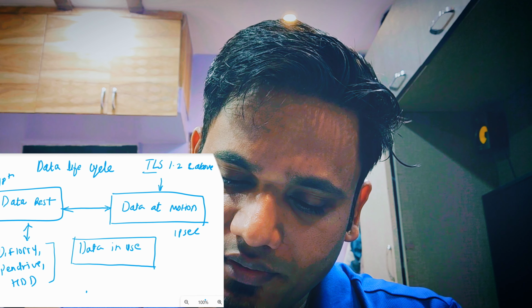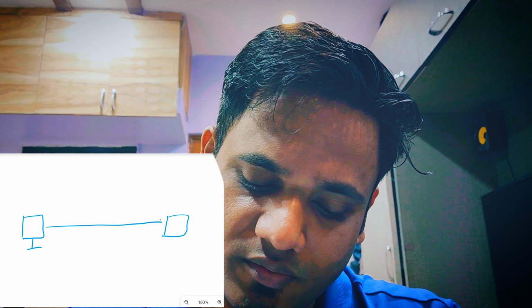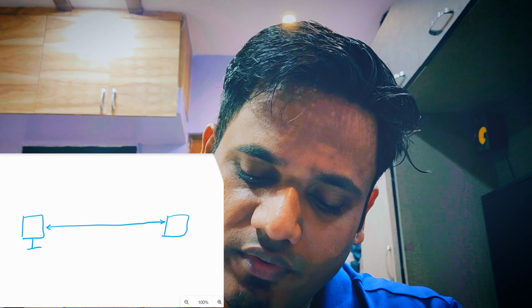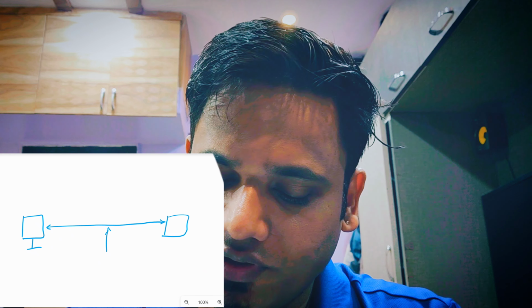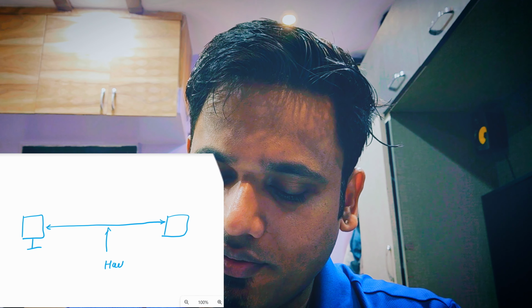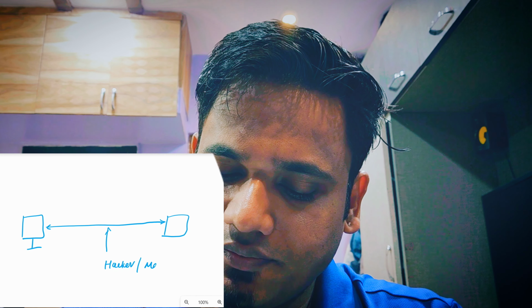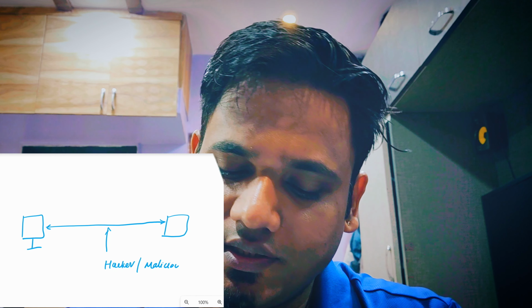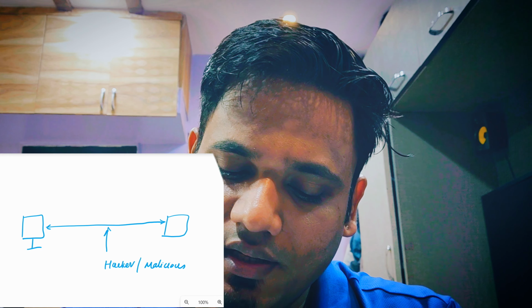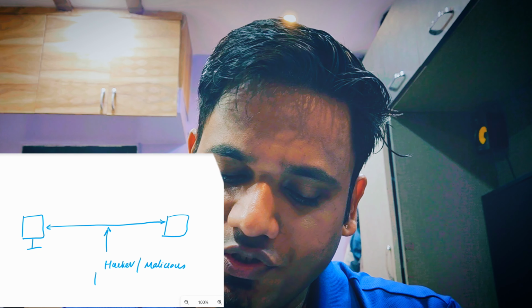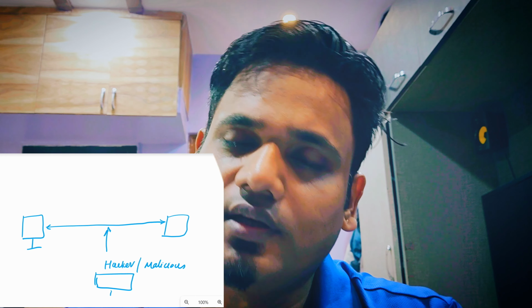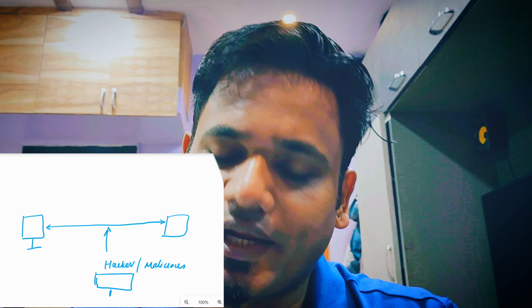Let me clear up the screen. So consider this is your one system, and there is another system where this data needs to be sent, from one system to another. However, some malicious user, say a hacker, is capturing or watching your data, and somehow he used some sort of technique.